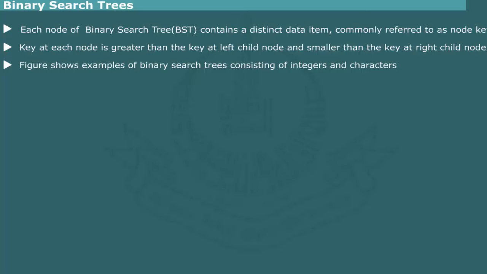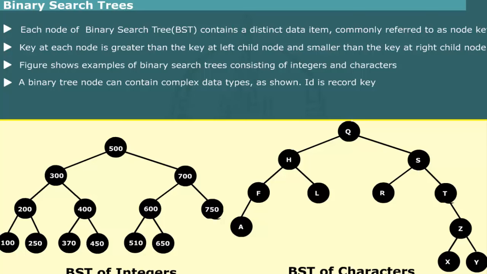In practice, nodes of a tree can contain simple data types such as numbers, characters, or strings. The figure shows some examples of binary trees containing numbers and characters. In many practical problems, such as databases, the nodes of a tree consist of records comprising several fields.